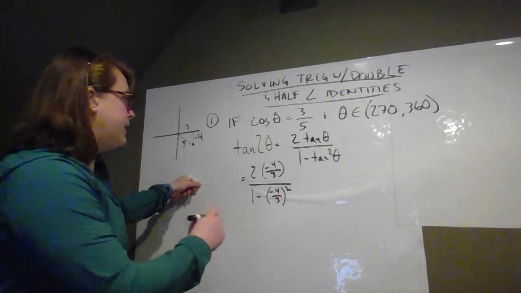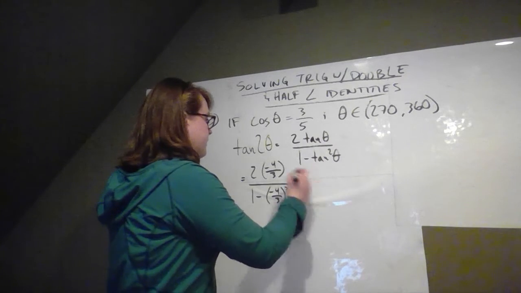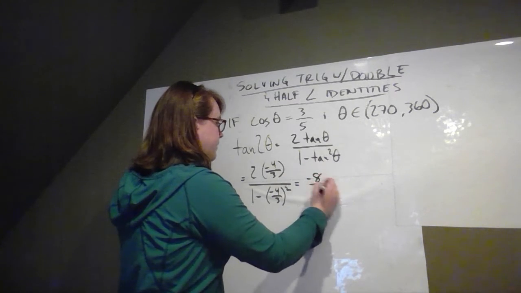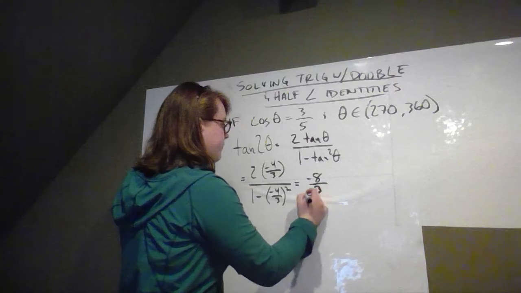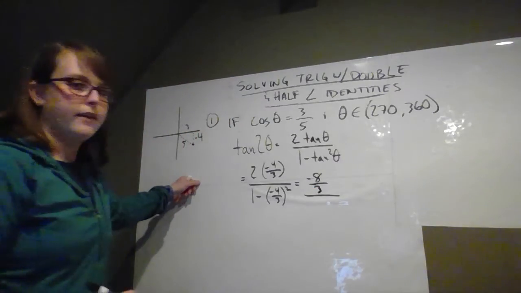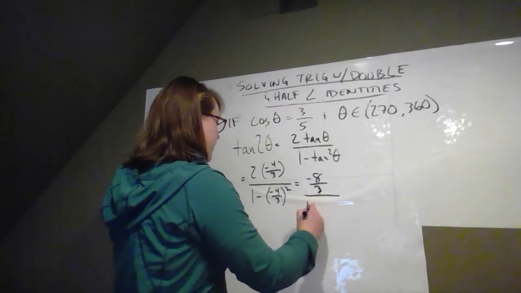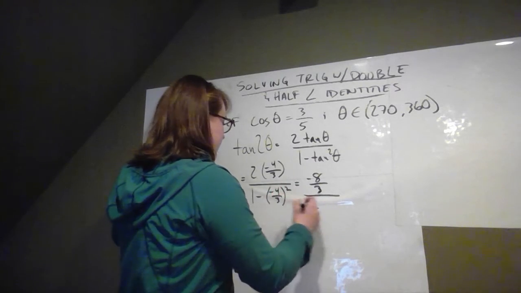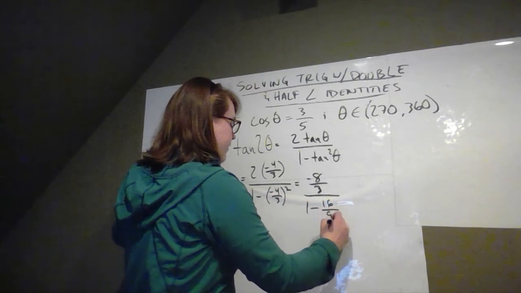Okay, so the top's pretty easy. 2 times negative 4 is negative 8, so we have negative 8/3 on the top. And then on the bottom, we have 1 minus 16/9.